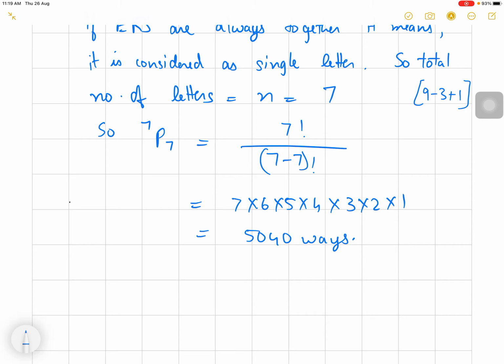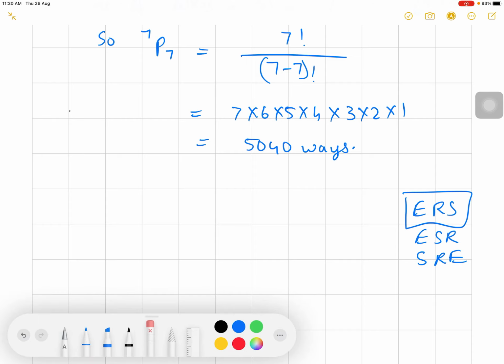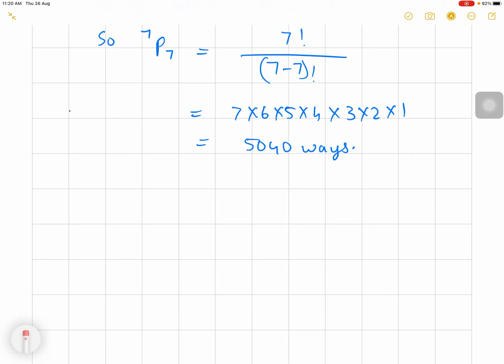The answer is not over yet, because ERS you considered as 1 digit, correct? So ERS also can be written as either ERS or ESR or SRE, right? So ERS also can be written in different ways. There are 3 letters and 3 places.